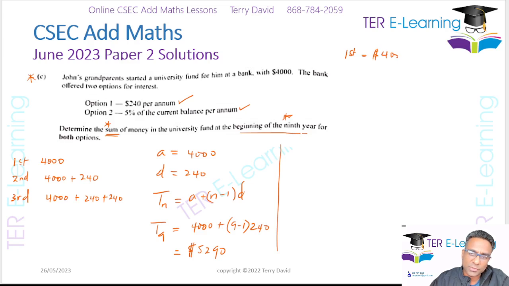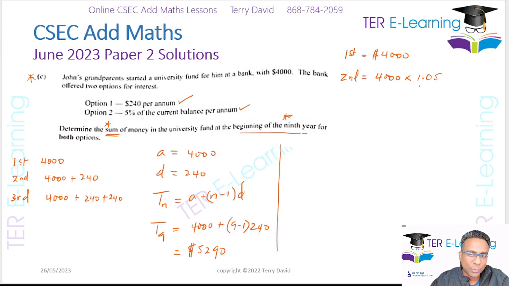Now at the second year, it's going to be 4,000 multiplied by 1.05. Now I've had some students ask me, how do you know it's 1.05? Well, if you wanted to work out the amount of money at the beginning of the second year, what you'll have to do is find 5% of $4,000 and then add that figure to the $4,000.